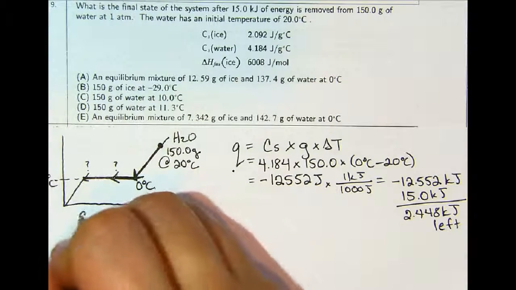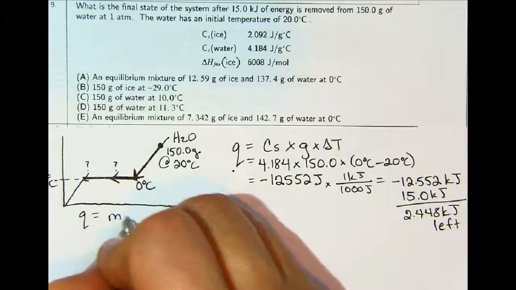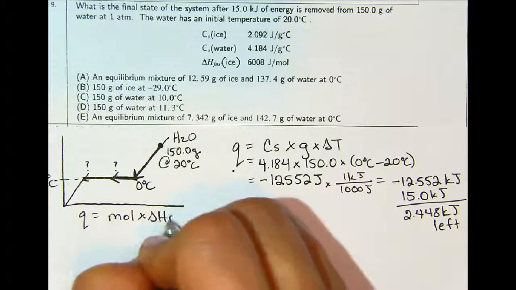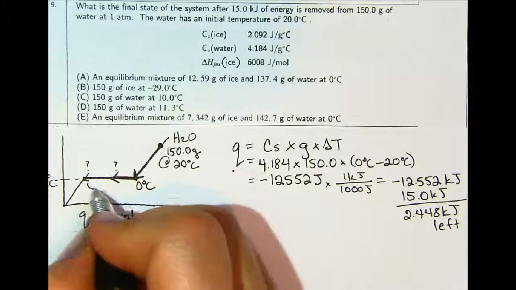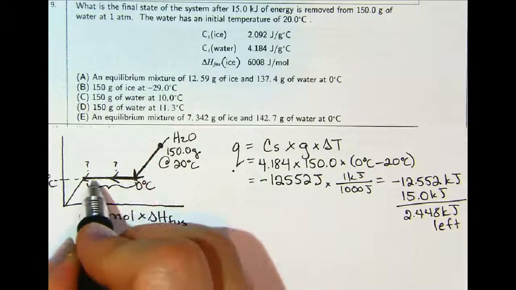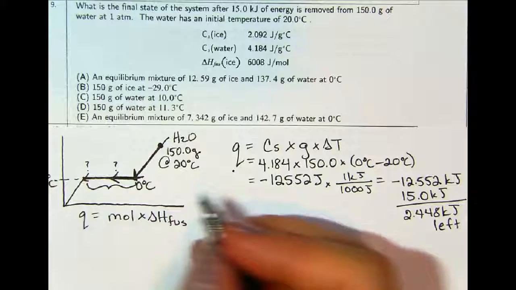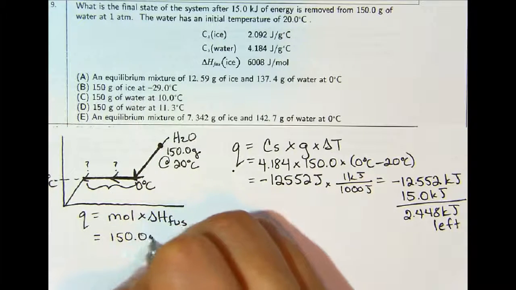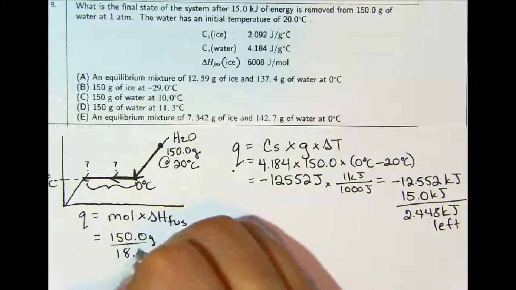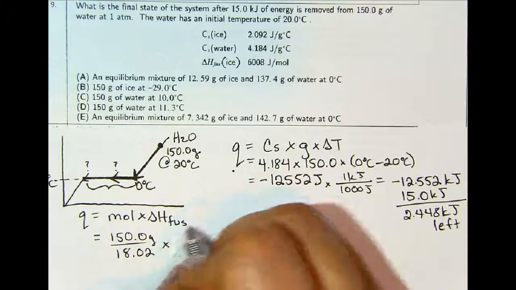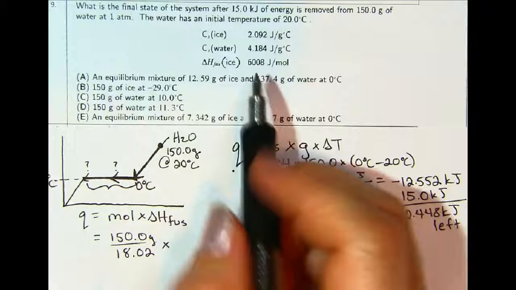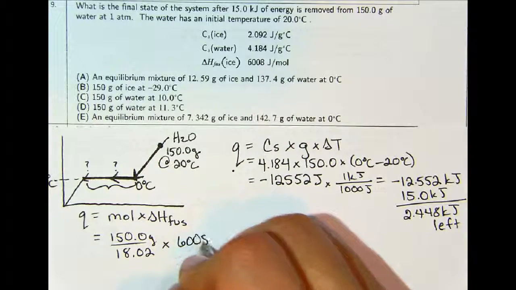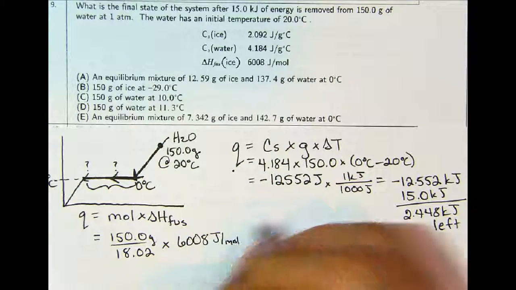point. So Q is equal to the moles times the delta H of fusion. And so that would be to determine, am I going to actually freeze all 150 grams of this water? Well, let's see how much energy that would take. 150.0 grams divided by its molar mass, 18.02, times the delta H of fusion, which is 6,008 joules per mole.